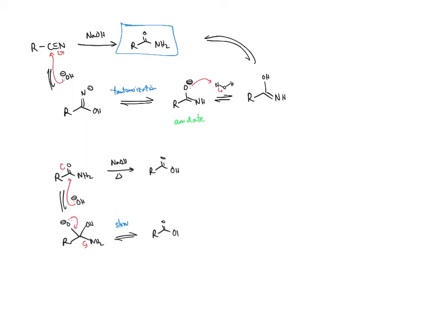And so you get the carboxylic acid plus the amide anion, and the amide anion is going to simply do a deprotonation to give you the carboxylate plus amine. But then in order to get the carboxylic acid, you have to have a proton workup so that you get the reprotonation event happening.